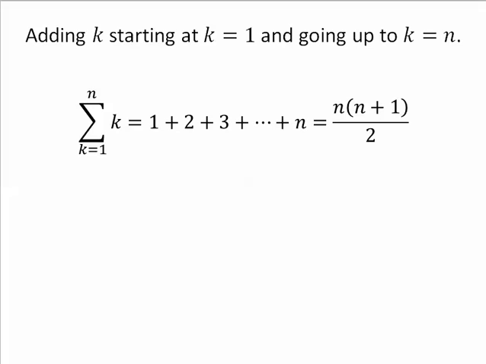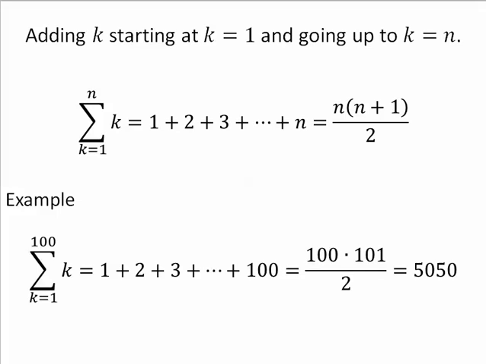Now, one thing I want to point out is that this formula is for k specifically starting at 1. You cannot use this formula unless k starts at 1. For example, if you add the first 100 positive integers, you would get 5,050.